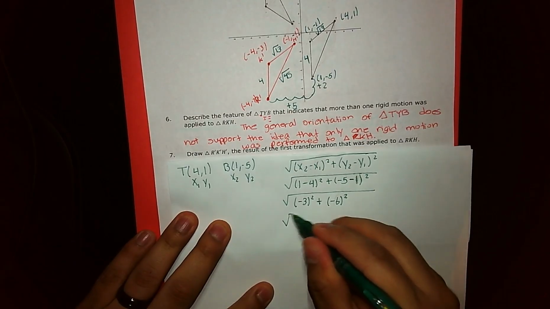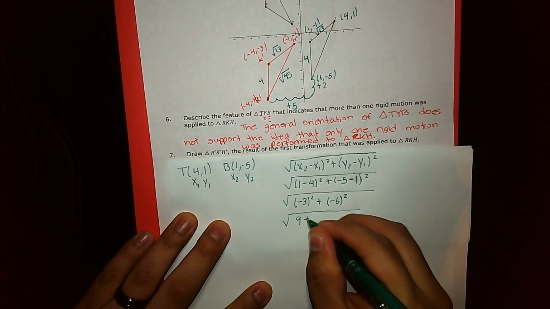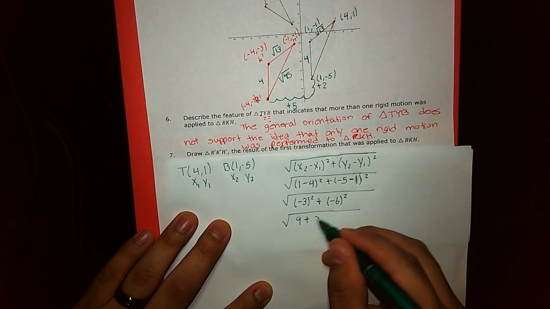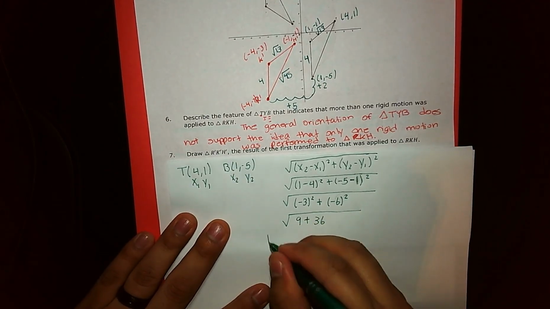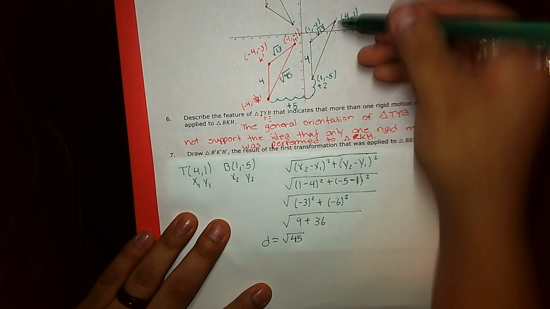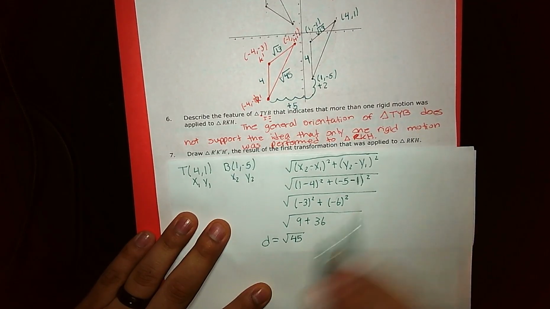Once we square them, negative 3 times negative 3 is 9, plus negative 6 squared is 36. So we get that the distance from T to B is equal to the square root of 45.